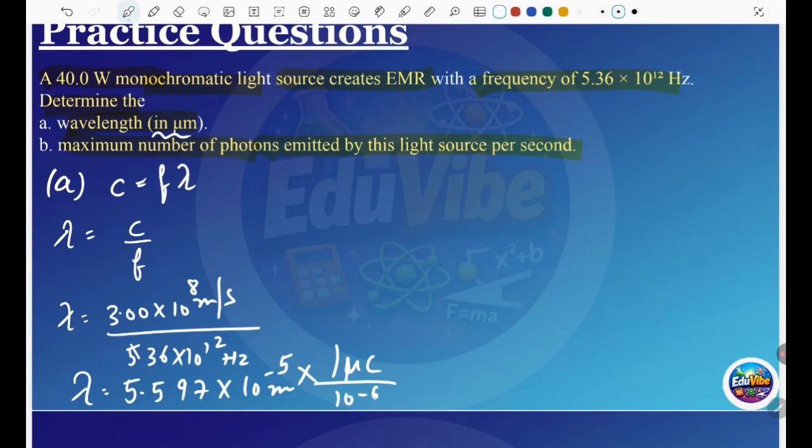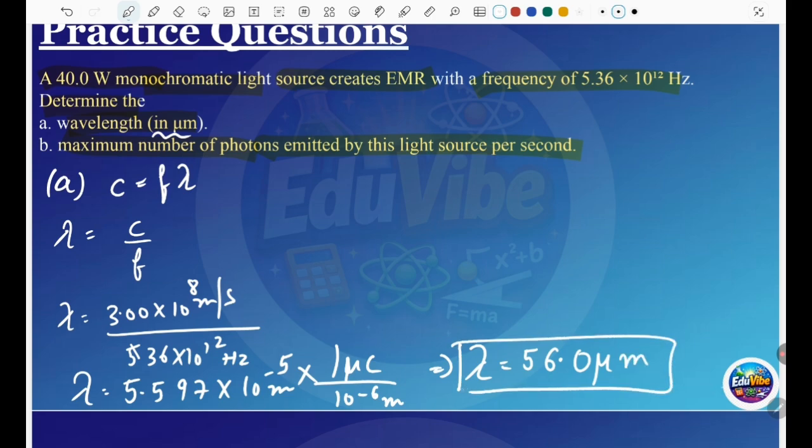It has a value of 10 raised to power minus 6 meters. So when you solve this, you get your wavelength of about 56.0 micrometers. This is the rounded value. So this is the answer for that.